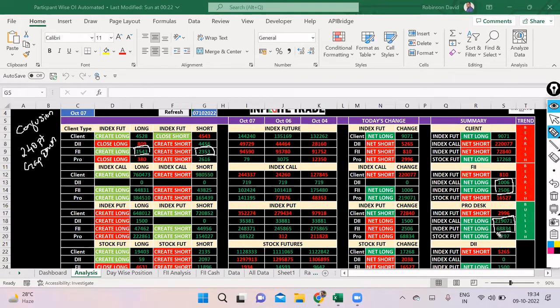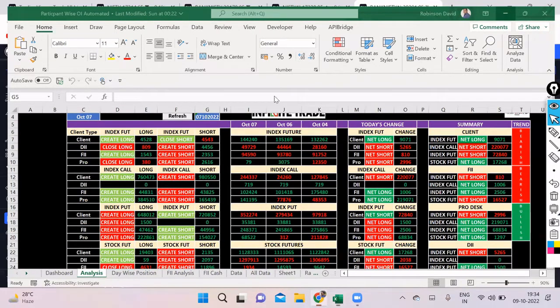They have about 2,20,000 call longs and about 68,000 put longs. So they'll be in trouble tomorrow if the market opens with a huge gap down. FIIs really do not have any positions, so tomorrow they will definitely create positions. We'll have to keep an eye on that.